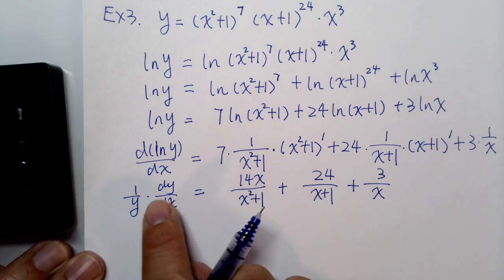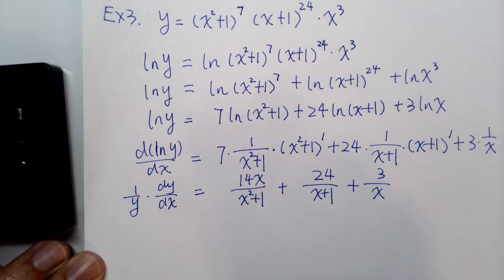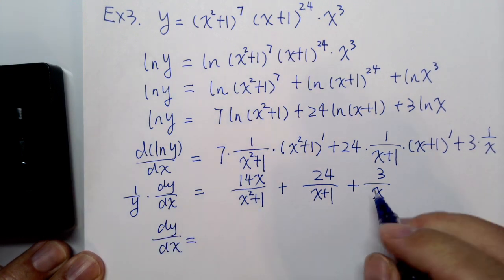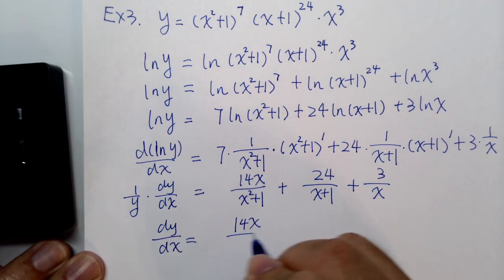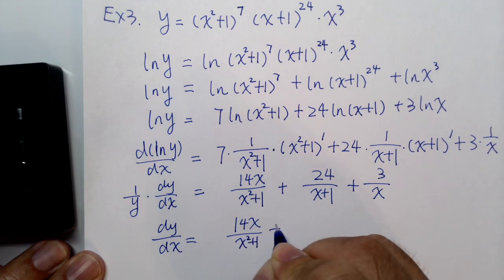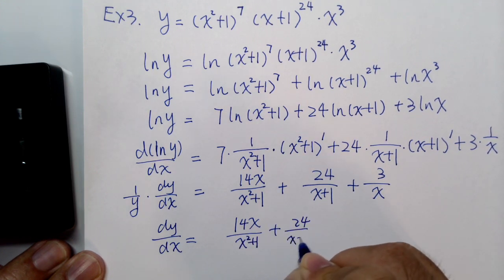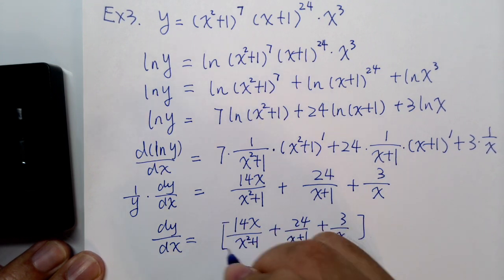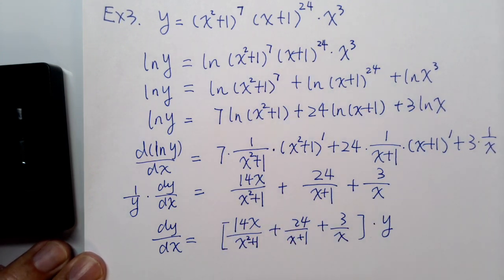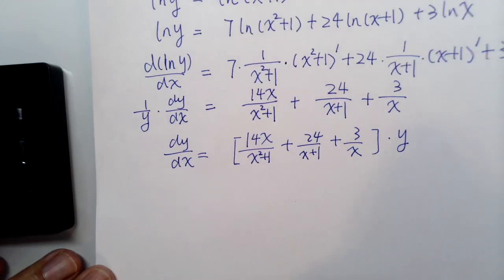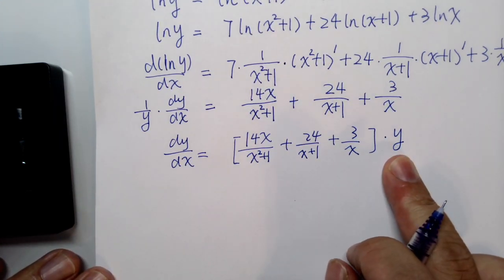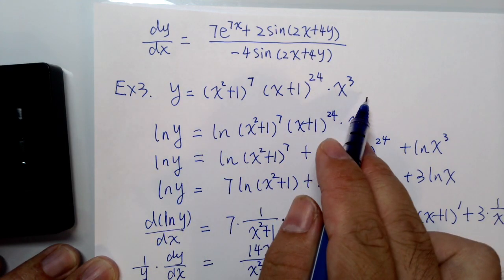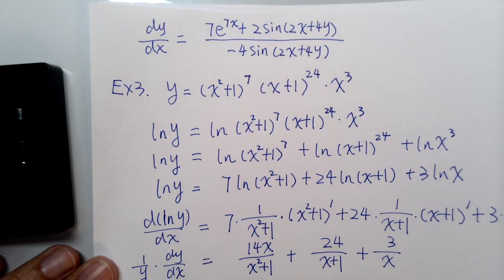And then times 1 over y, right? So dy dx actually equals this, multiplied by y. But my y equals what? Equals this. So replace that.